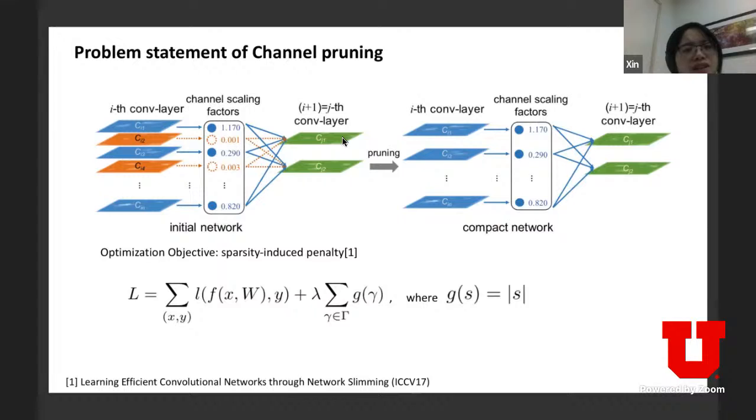So in general, the input can be B times C times H times W. So for each C_i, it indicates H by W. In this figure, it didn't show the batch.